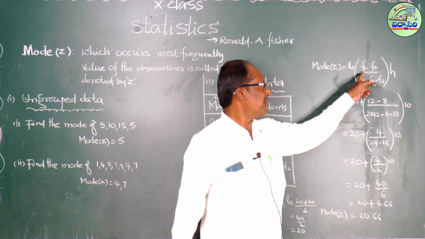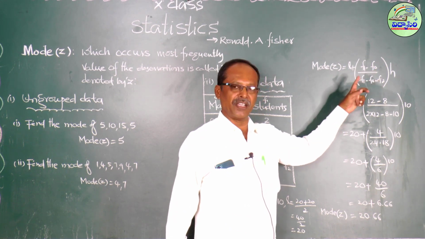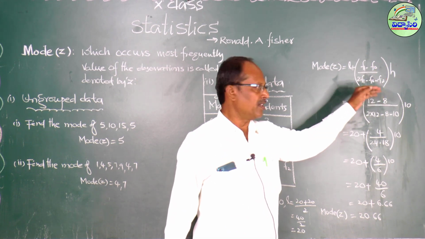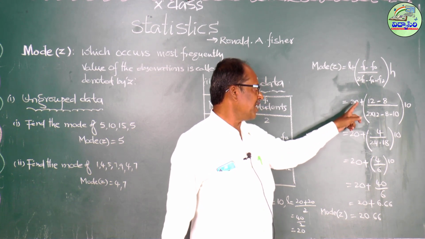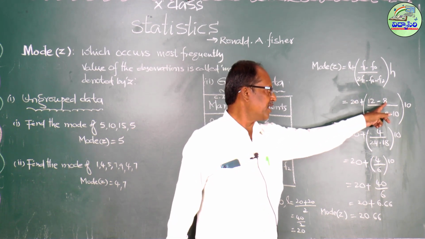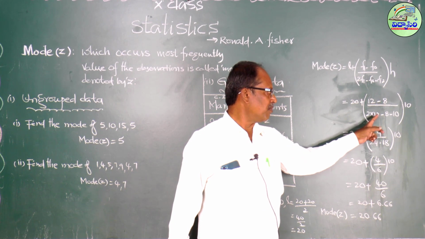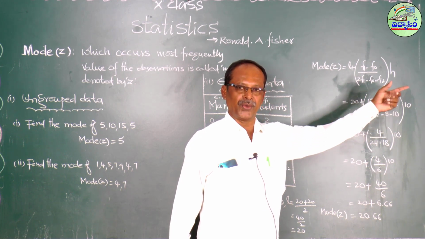L plus (F1 minus F0) by (2F1 minus F0 minus F2) into H. Substituting the values: 20 plus (12 minus 8) by (2 into 12 minus 8 minus 10) into 10.